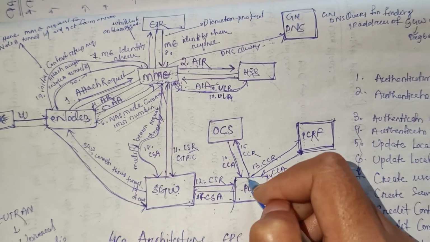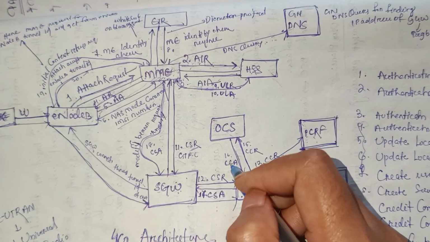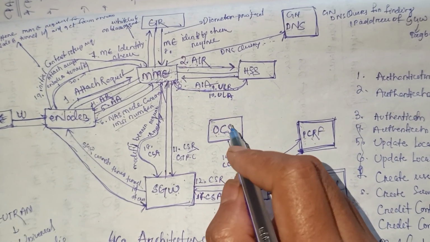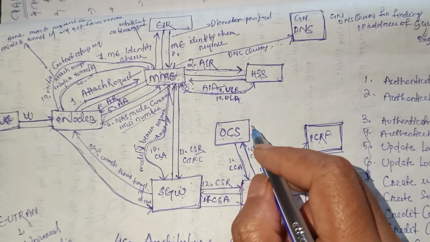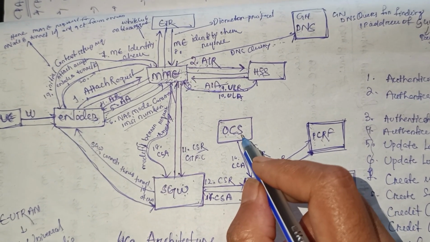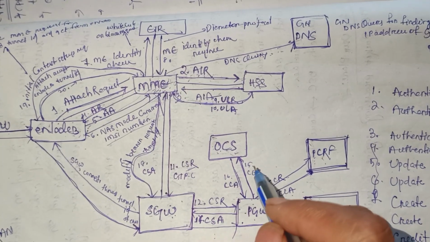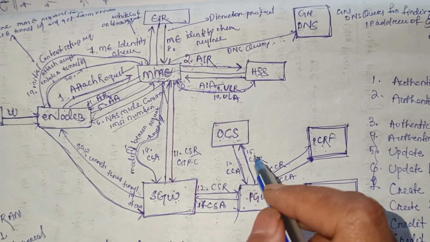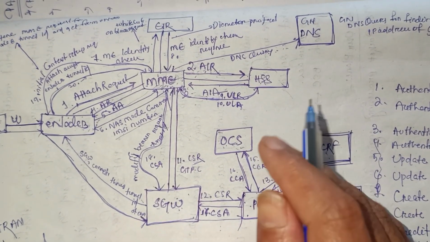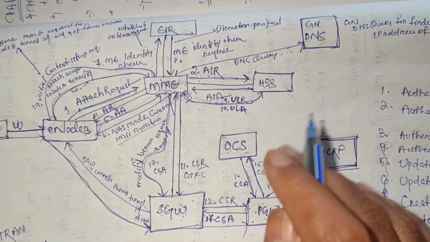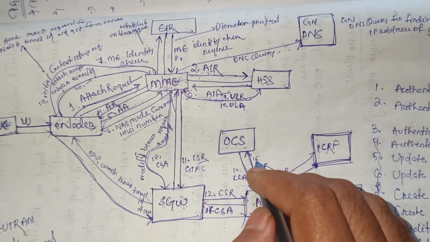After getting that information, PGW will send the same credit control request to OCS, the online charging system, so that OCS also understands how many GB per day the UE can use, what quantity of the network you can use per day.